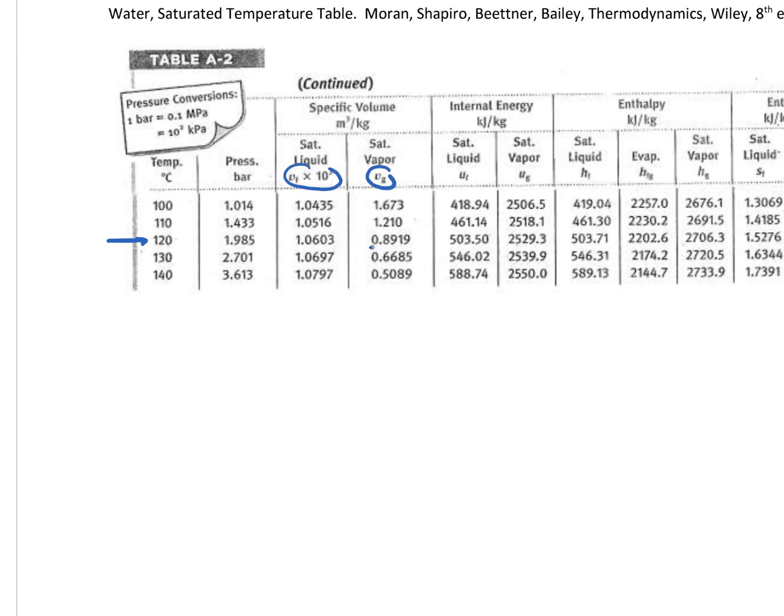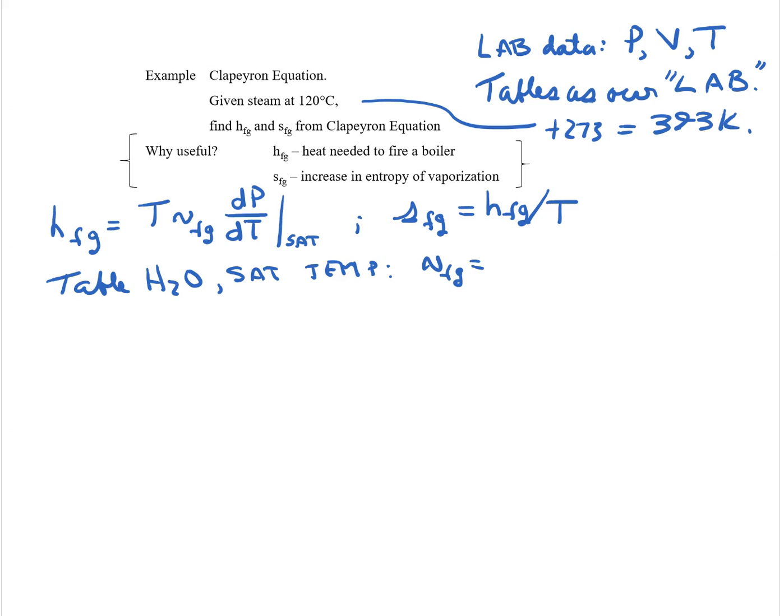So I'm going to pull these values out, 0.8919 and 0.00106. The vapor value is 0.8919, and the liquid value is 0.00106. When I subtract that, I get 0.8908, and this is in meters cubed per kilogram. So that's part of what we need.